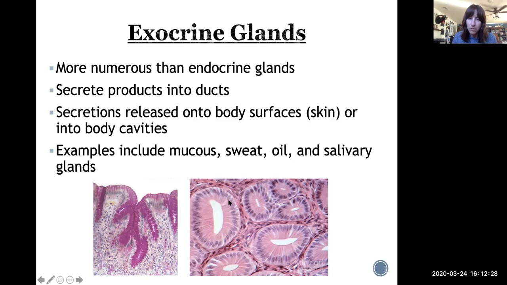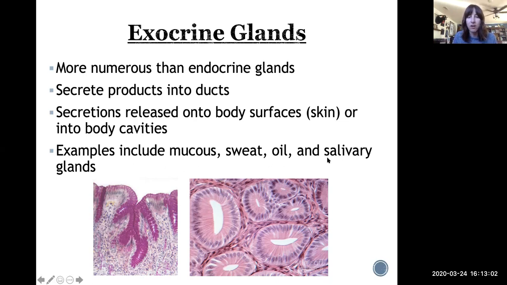So the secretions that exocrine glands secrete go directly from the cells lining the gland itself and the ducts of the gland, and they excrete those products directly into the tube, into the hollow middle of the tube, so that they can be secreted out onto the surface of the skin or into the lumen of the stomach or the small intestine or the rectum or whatever.